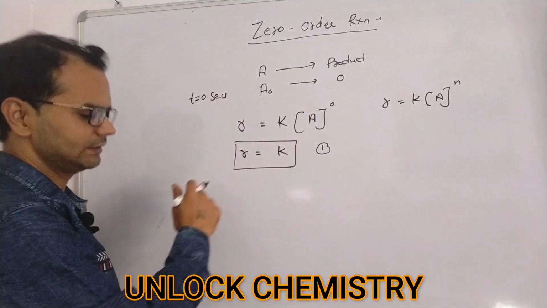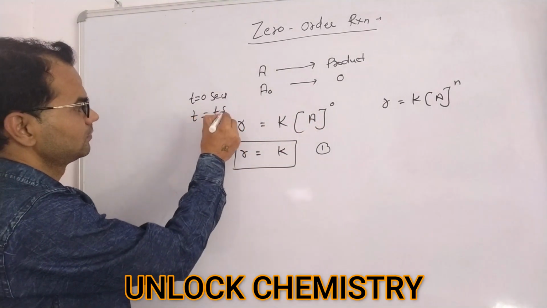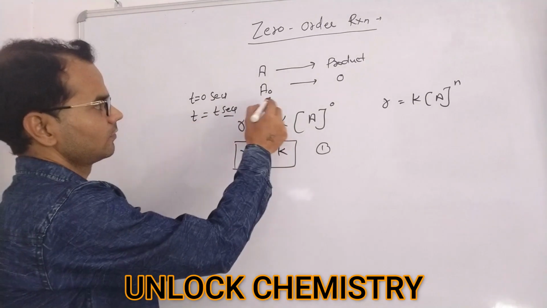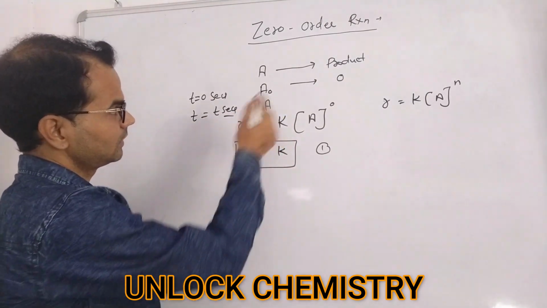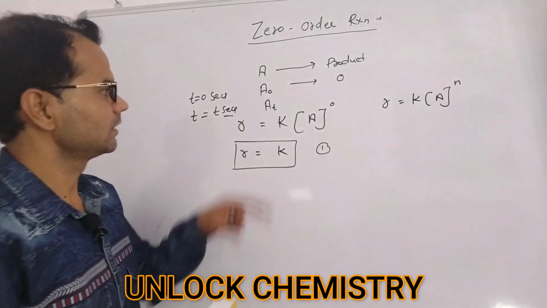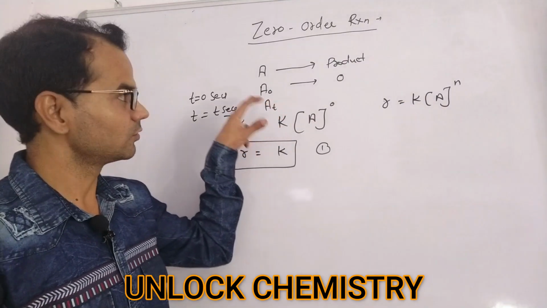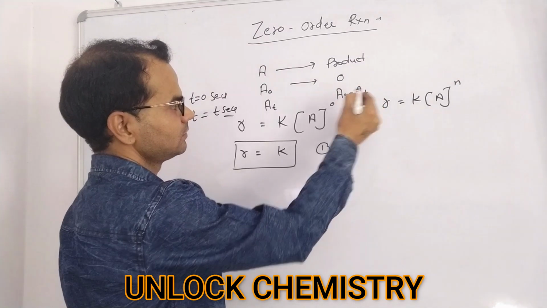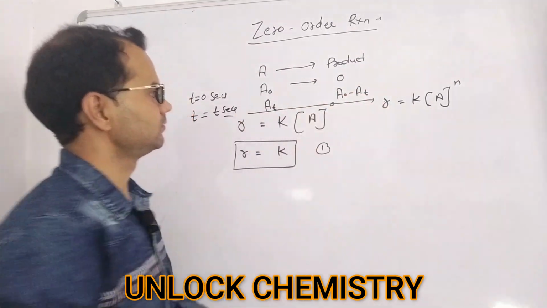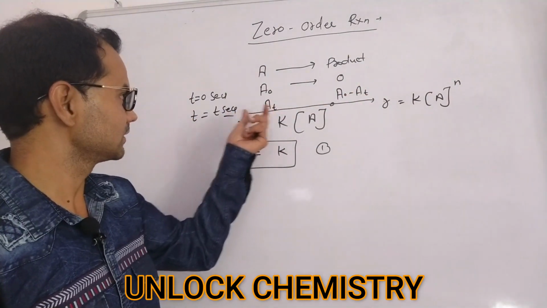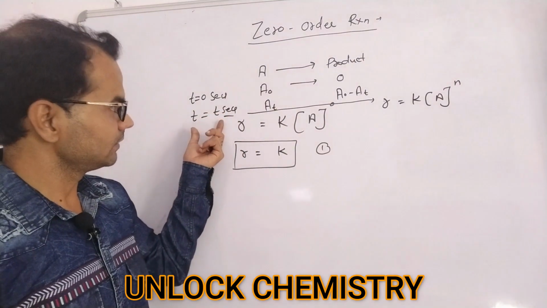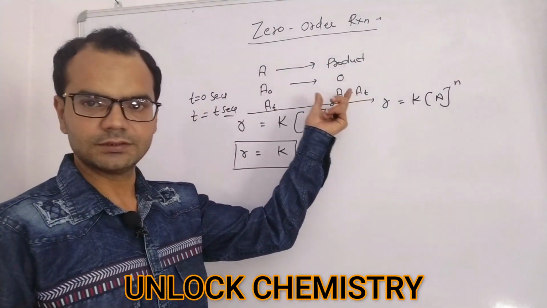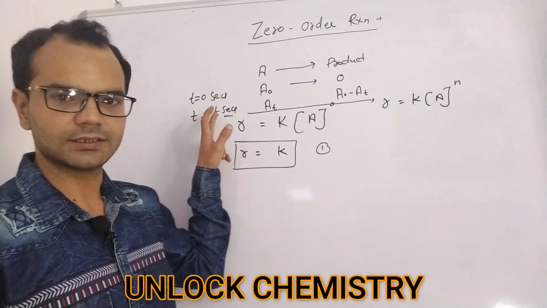After time t second, concentration of reactant is At, concentration at time t. So how much product will form? A0 minus At. At is the final concentration at t second and A0 minus At is the product formed after t second time.